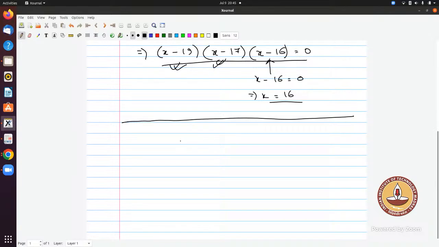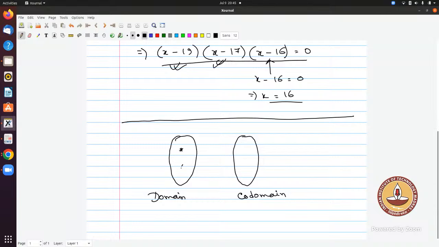Otherwise we can say if x1 is not equal to x2, then f(x1) is not equal to f(x2). You remember this from the week 1 syllabus. Domain is from where we take inputs, codomain is where we expect the output. Now, if for two different inputs I am getting the same output.